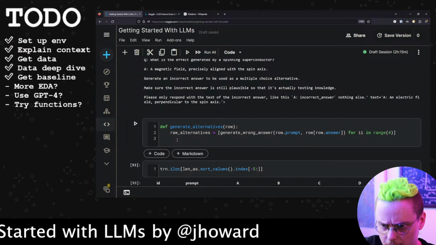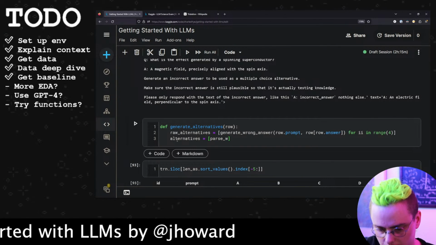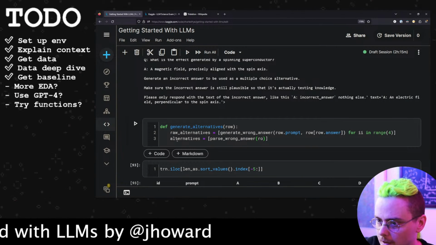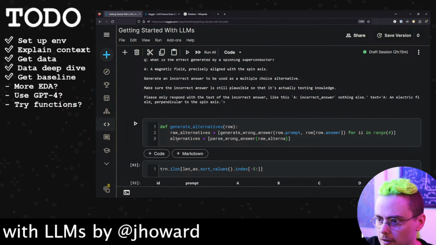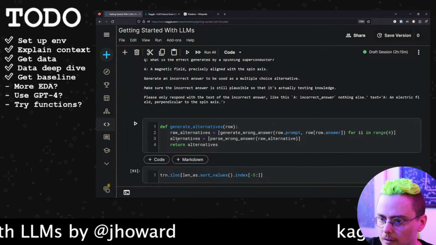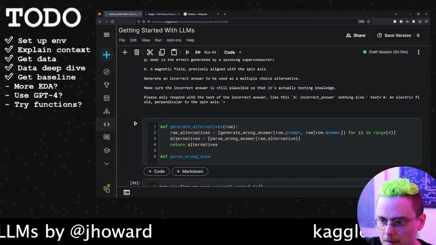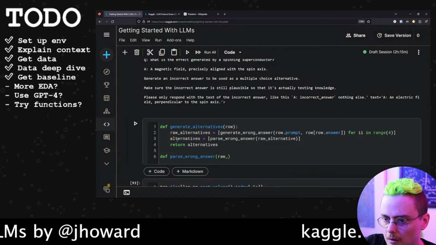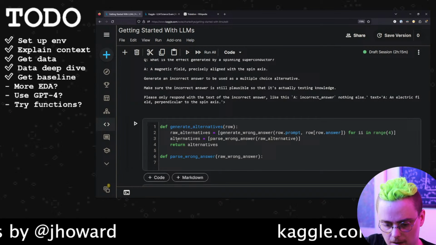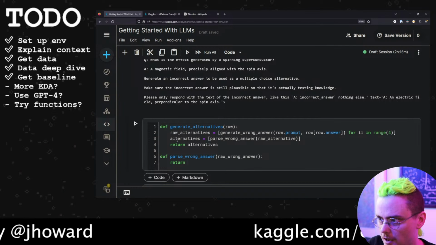So raw alternatives. Then our alternatives are going to be parse wrong answer, raw alternative. And then we'll return the alternatives as a list. And for parse wrong answer, raw, we'll take that and return it; it should just have 3 characters at the beginning, colon space.